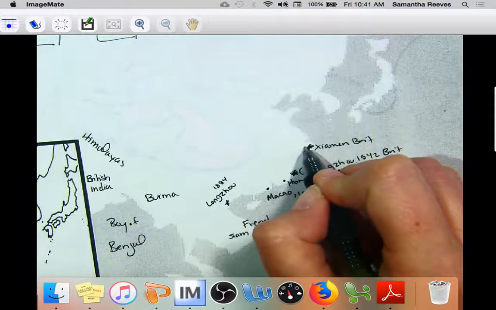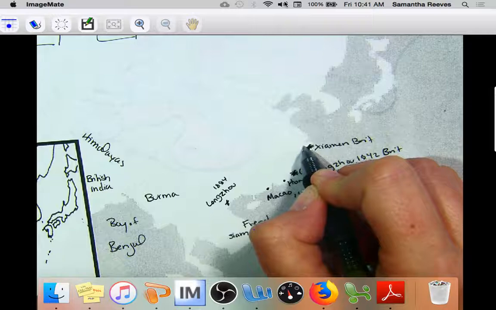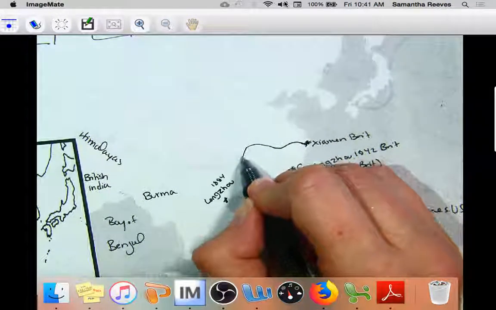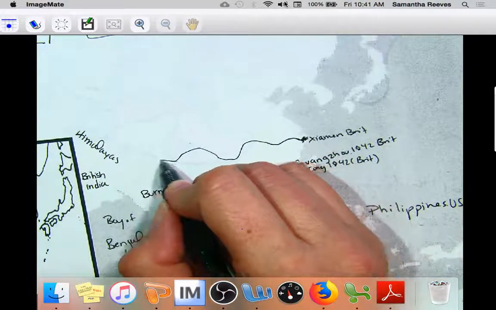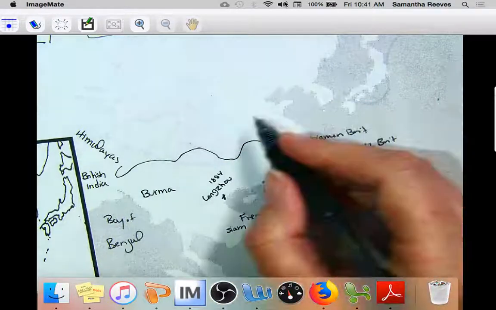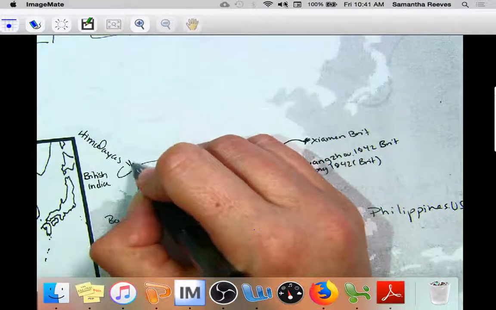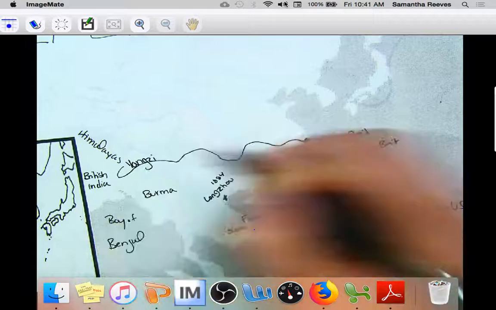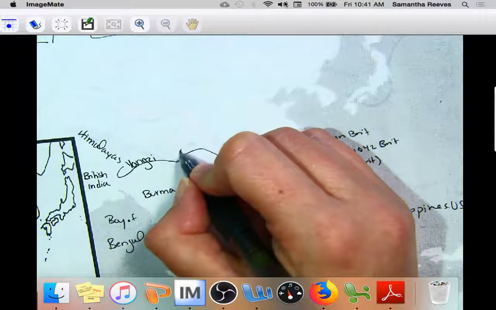We're going to draw in the Yangtze River. Do the best you can. It does not need to be perfect. This is your Yangtze River. Right over here is a treaty port.